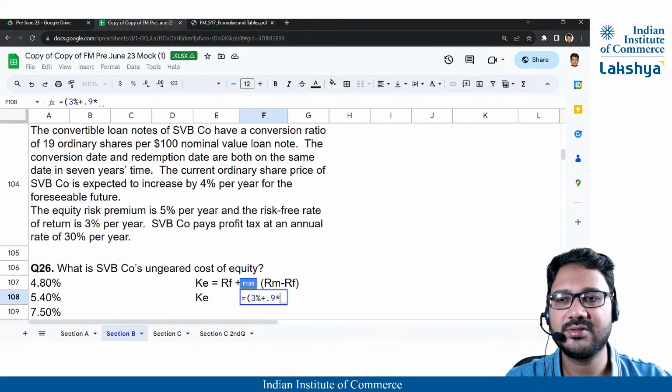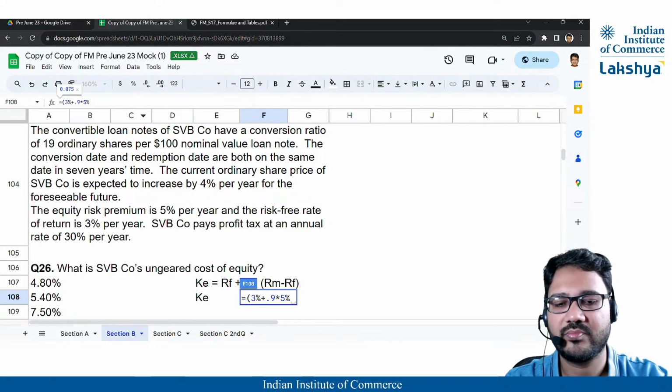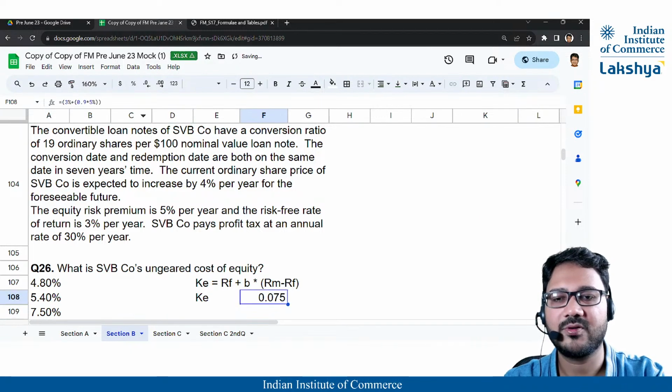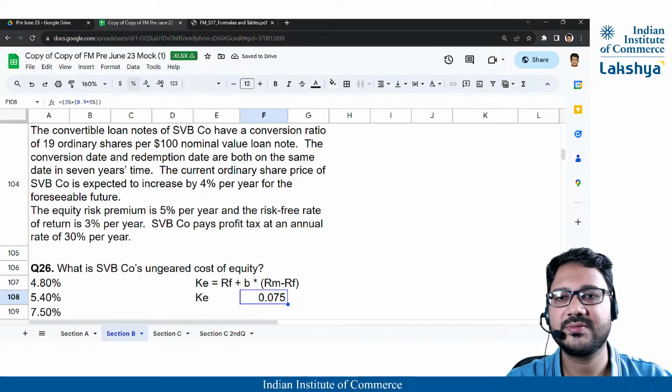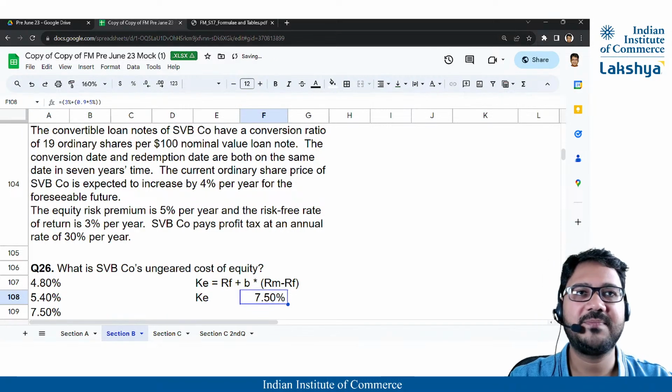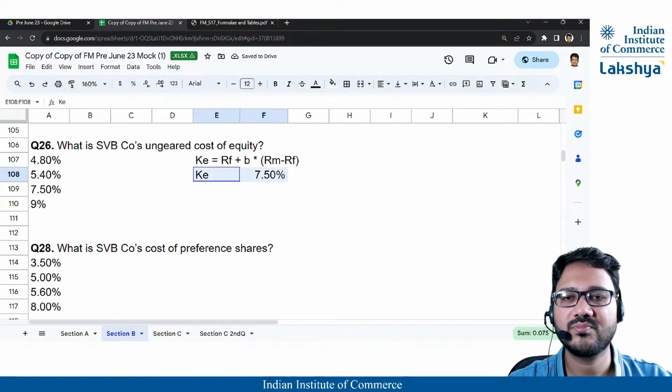The equity risk premium is given, so RM minus RF is given, into 5%. So cost of equity is 7.5%.